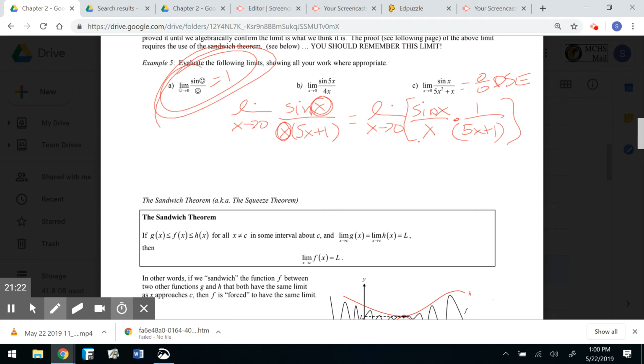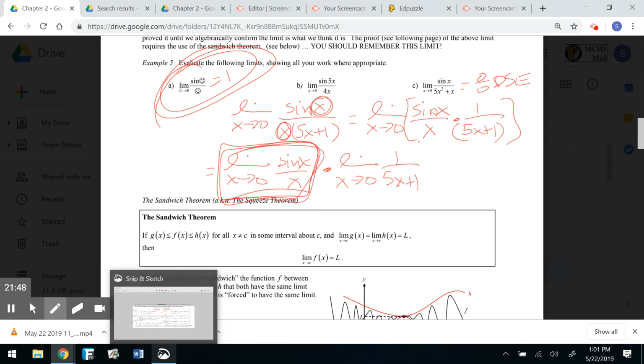And then guess what? I can show off my calc knowledge, and the limit of a product is the product of two limits. Mr. Tanaka, do I have to show all that stuff? For sure. You better show it, because if you don't, you're skipping 8 million steps. And I'm allowed to use a super duper property, and the only way you can use it is if you show you have it by yourself.